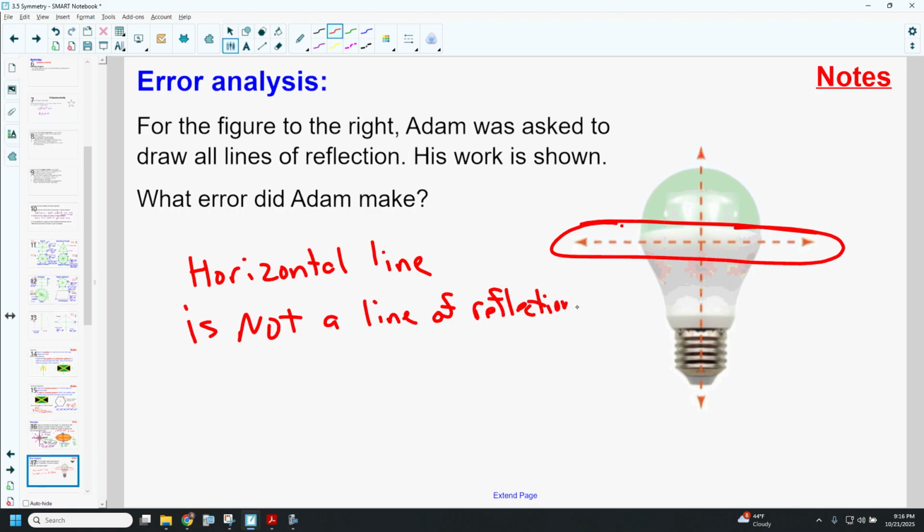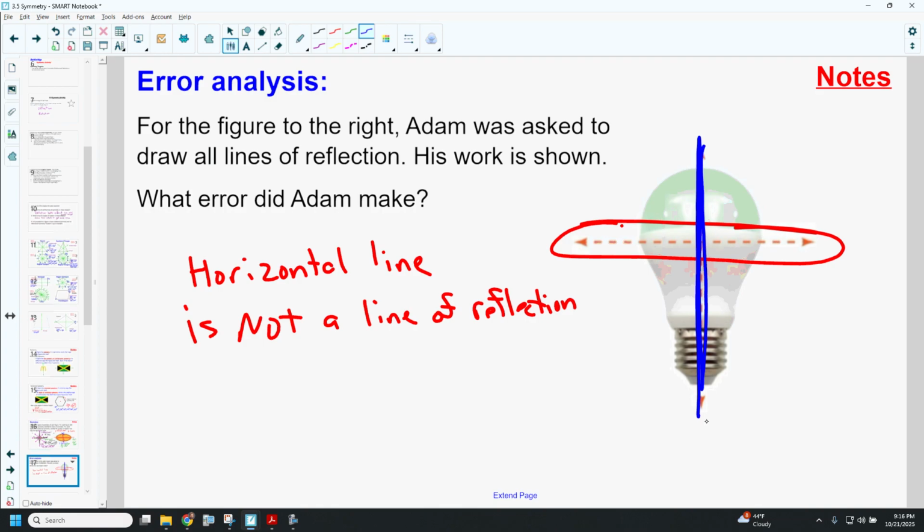So therefore, he put in one too many. The line that goes up and down, the vertical line that I'm highlighting here in blue, yes, that is, because the image on the left and the right are the exact same replicas of each other.